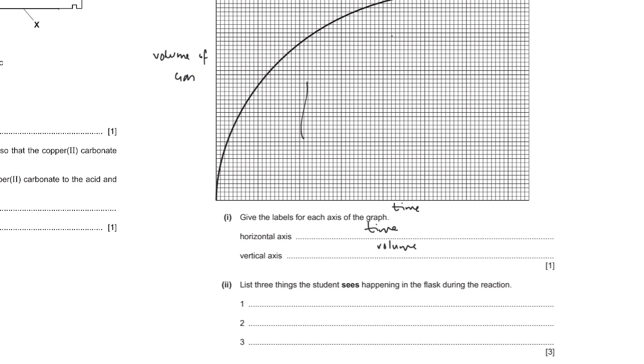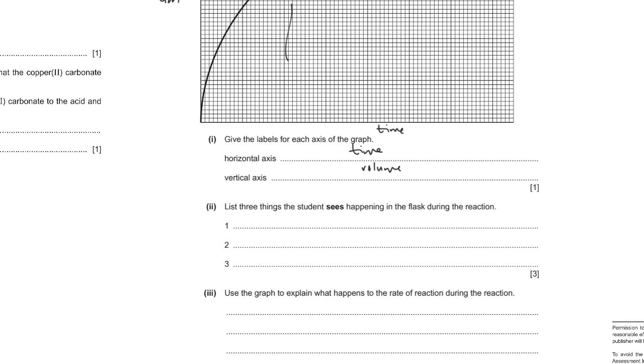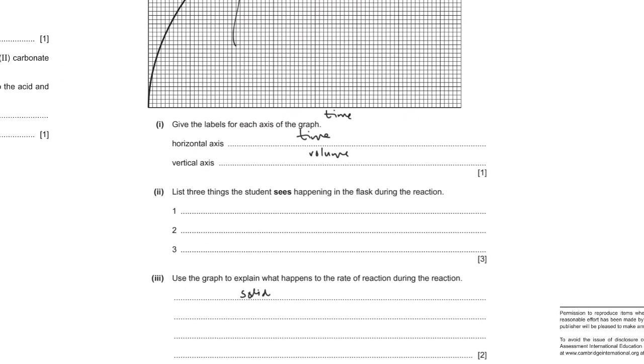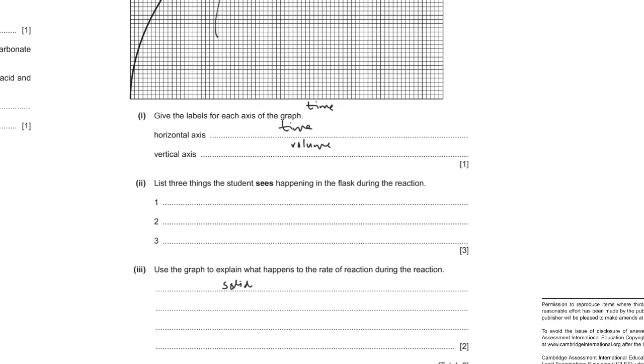List three things the student sees happening in the flask during this reaction. First, carbon dioxide is being released, so there will be effervescence. Secondly, you are adding solid copper carbonate to the acid, so the solid will be disappearing. So solid copper carbonate disappears, and effervescence can be observed.